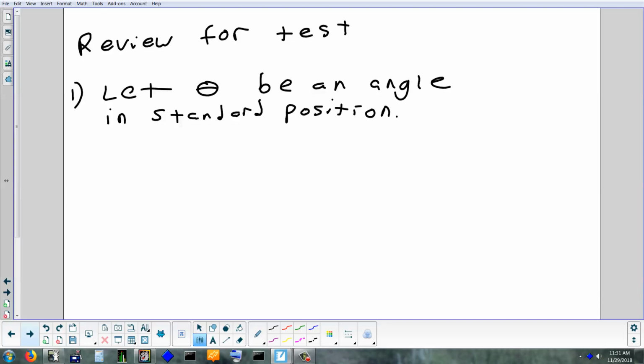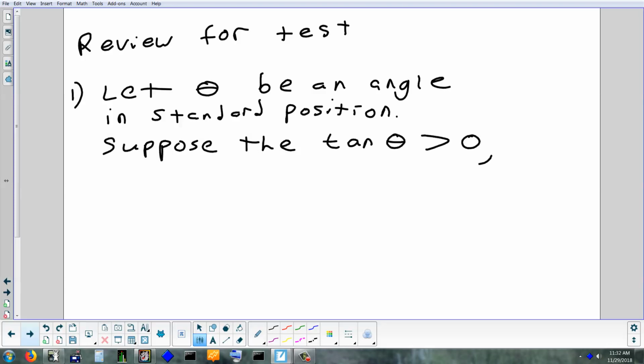Suppose the tangent of theta is positive, so the tangent of theta is a positive number, and the sine of theta is a negative number.